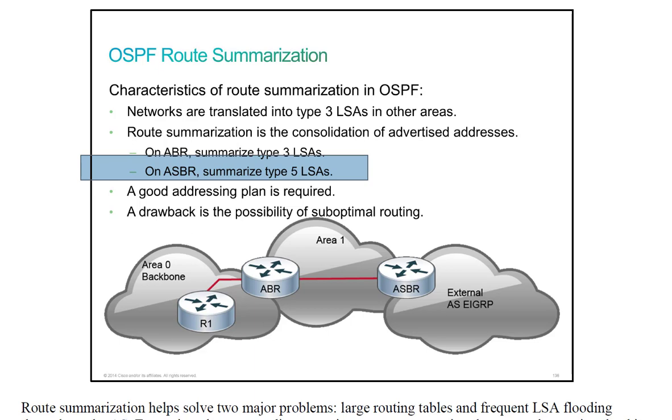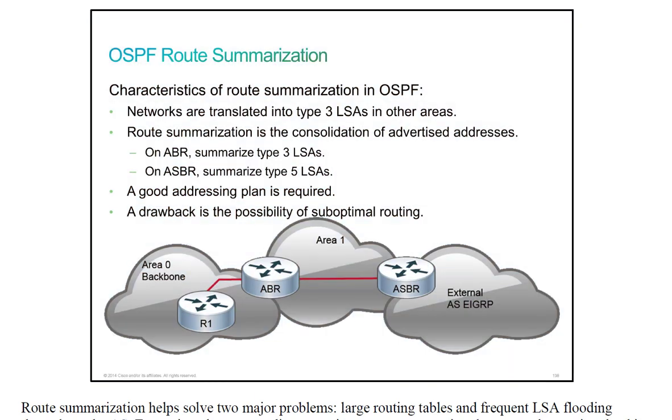Okay? Why do they say a good addressing plan is required? We see this all the time when we're talking about summarization. Well, you want to make sure your summaries are as accurate as possible. You don't want to create a summary that includes 5 networks that you actually own, but then there's 100 other networks that are included that the router doesn't originate.